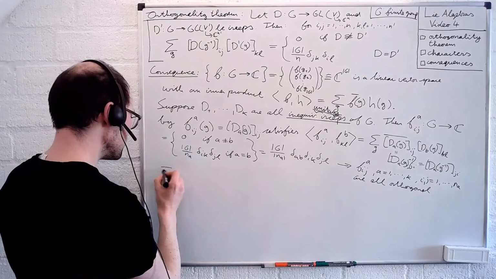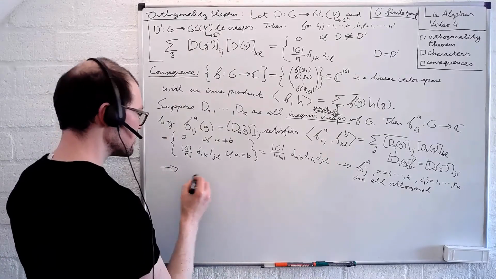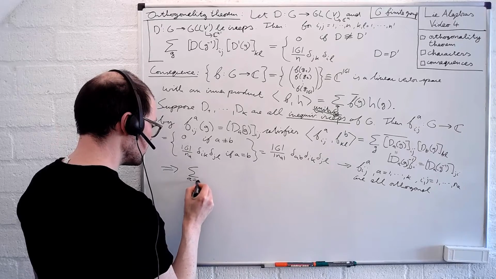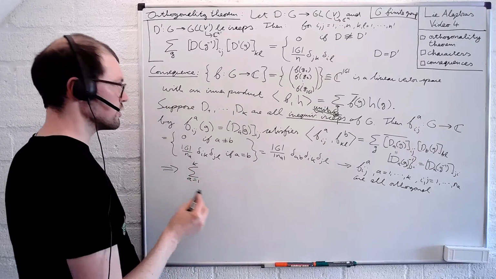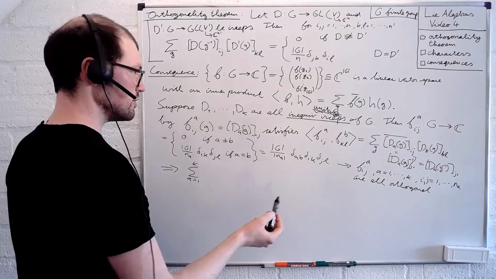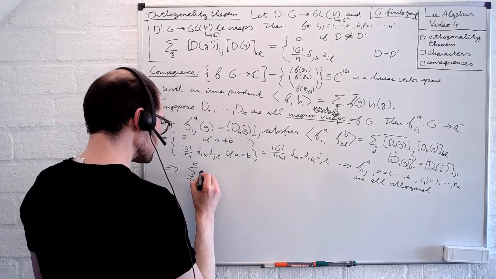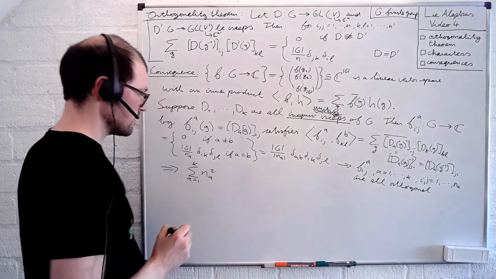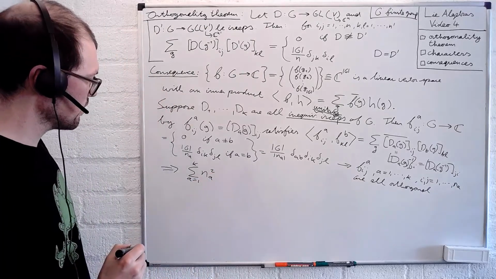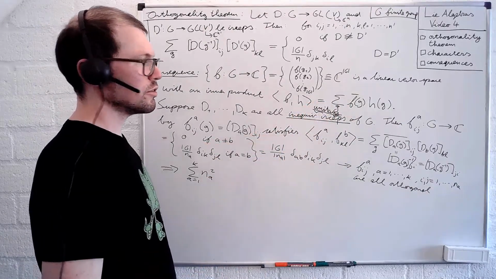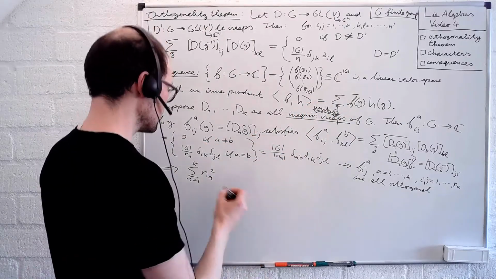So we deduce directly from this, how many are there here? I have a sum over a from 1 to k, for each irreducible representation, and then I have n_a squared of such vectors. And these all have to fit into this |G|-dimensional vector space.